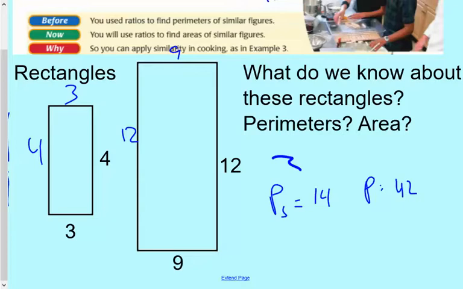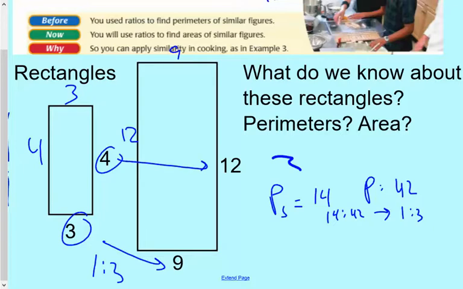If we take a look at the ratios of these, the ratio of the small one to the big one, 14 to 42, reduces to 1 to 3. Now if you look at the relationship between their side lengths, 3 to 9 is 1 to 3, 4 to 12 is 1 to 3. So these rectangles are similar for starters.